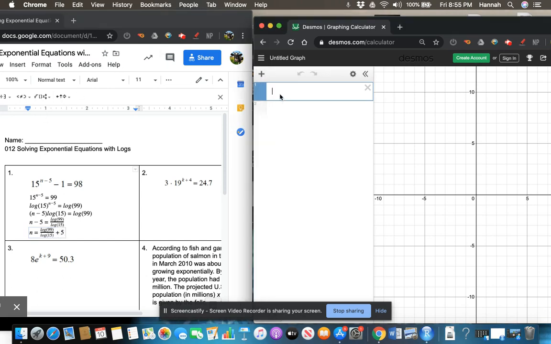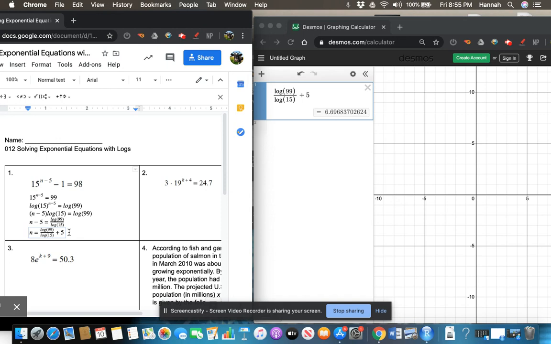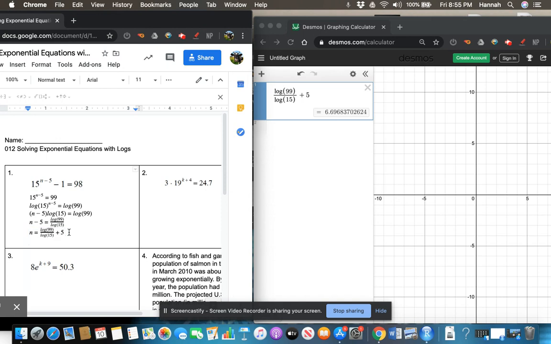And all I have to do in Desmos is type log 99, and if you hit the slash key, it'll make a fraction. Log of 15. And then plus 5. And your final answer there is 6.697. So I'm going to ask you for three numbers after the decimal place every time. So there's my final answer. n equals 6.697. And then you're done.